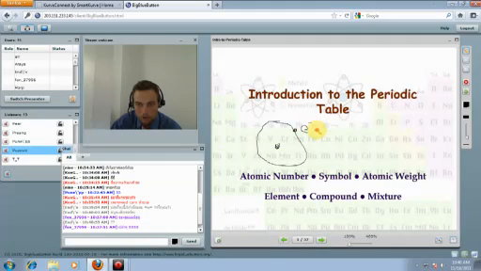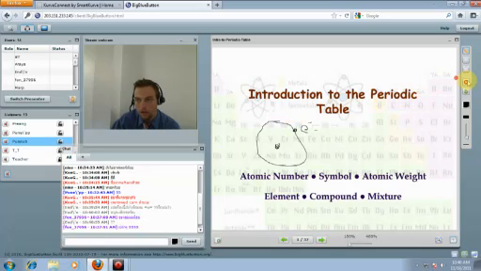This is the symbol for the electron. Okay? And this is basically the structure of the atom. You have the positive charge in the middle and the negative charge on the outside.